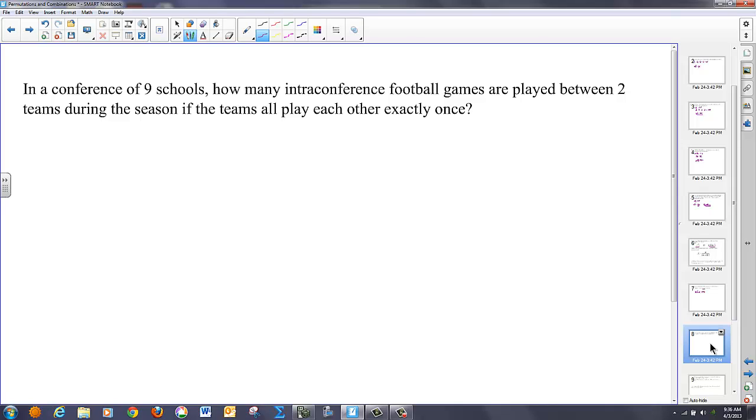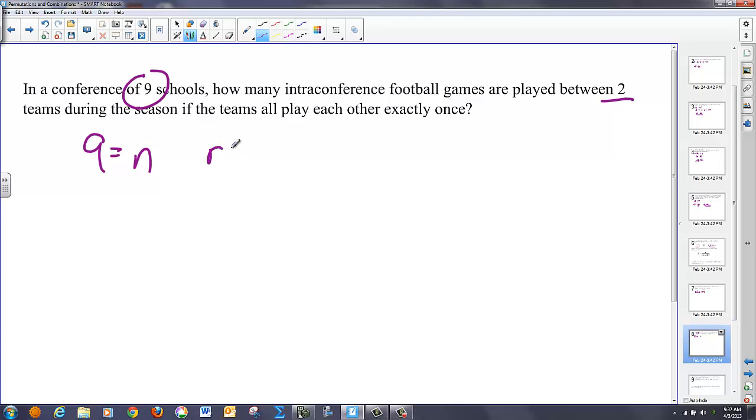Next problem, we've got a conference of 9 schools. We want to know how many interconference games can be played between 2 teams during the season so that all the teams play exactly once. Now, in this case, we've got a total of 9 teams, so 9 is going to be our n value, and we're choosing 2.